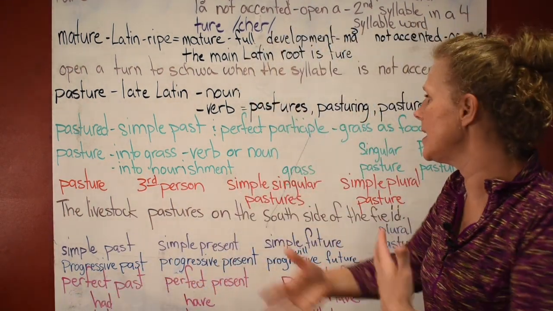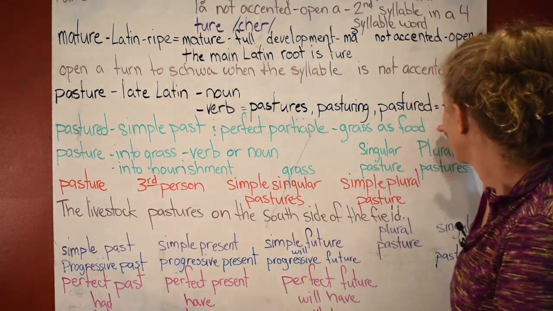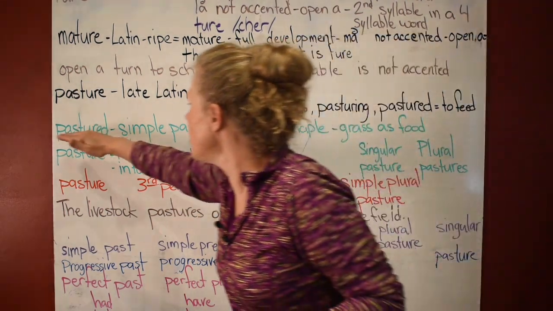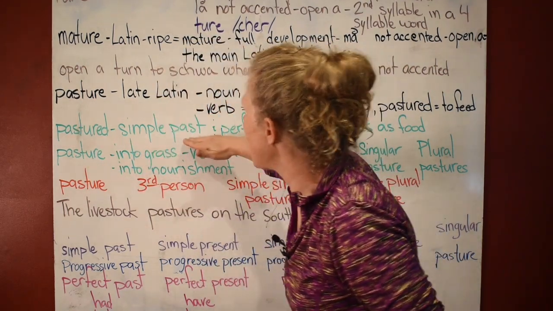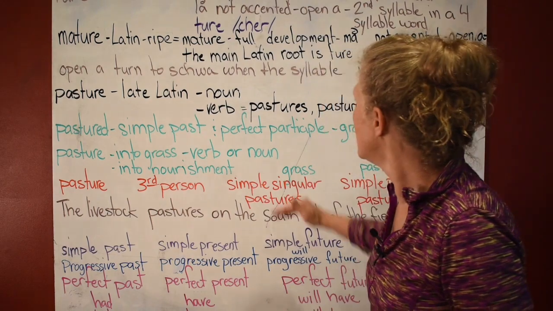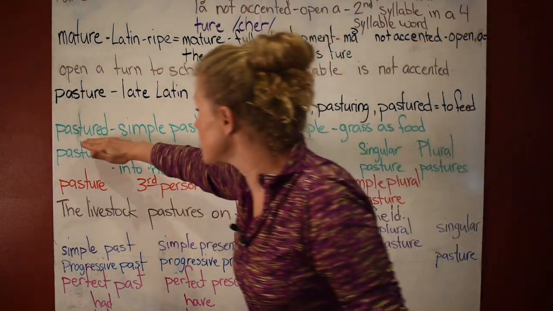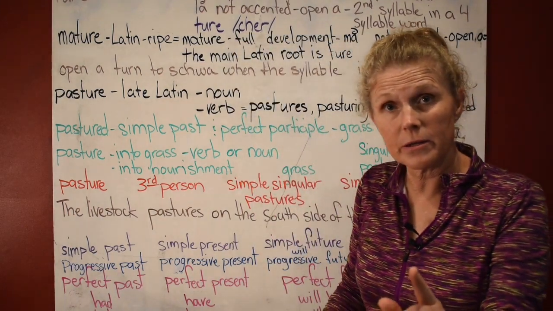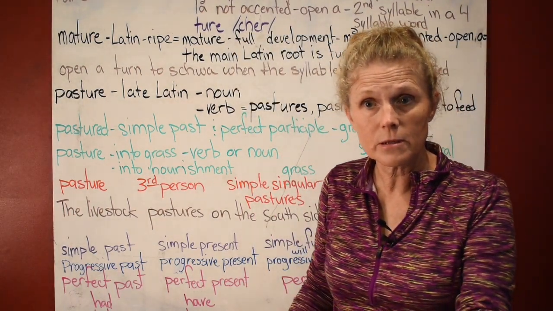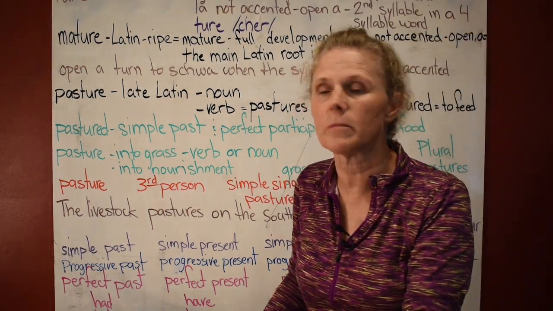Yeah, so you see the animals go out into the pasture and they eat the grass. So you have pastured. It's simple past. It does not take an auxiliary verb for simple past. But then you have the perfect participle as pastured. Does that take a helping verb, you guys? Yes. Your perfect participle takes the helping verb.